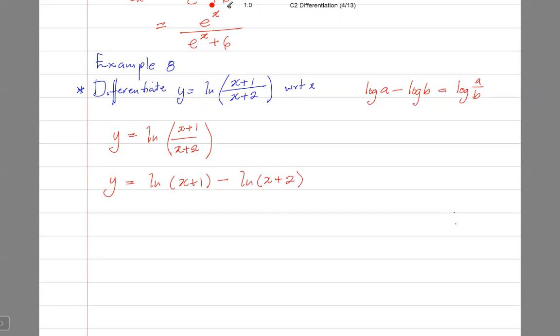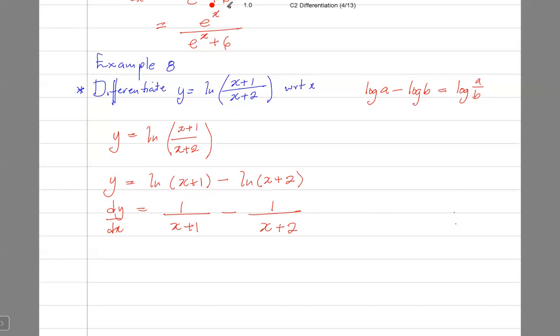Any problems with what I just did? No, sir. Good. So now let's differentiate. We know how to differentiate ln. So dy by dx would be equal to 1 over x plus 1 minus 1 over x plus 2.